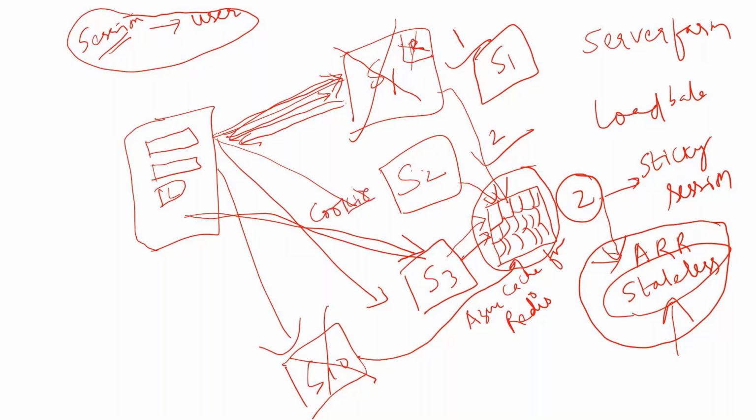Every time a request comes, the cookie will contain the session ID, and this S3 server will check for that specific session ID in Redis cache. That is how the problem related to application sessions is resolved using stateless architecture. When you use Redis cache, your application becomes stateless.